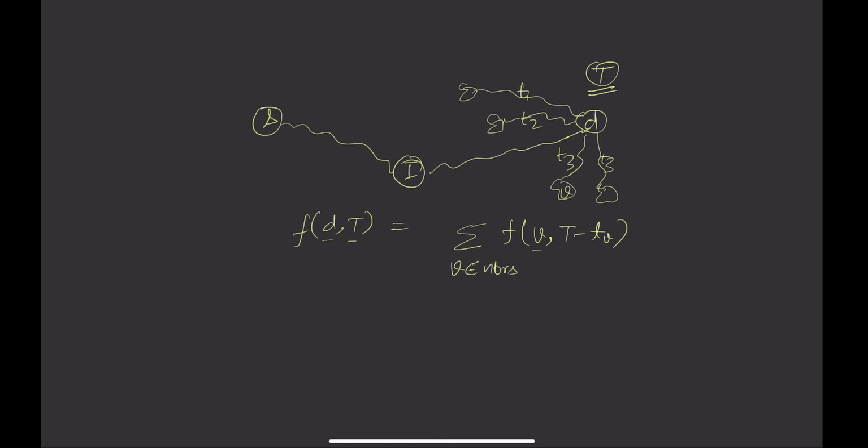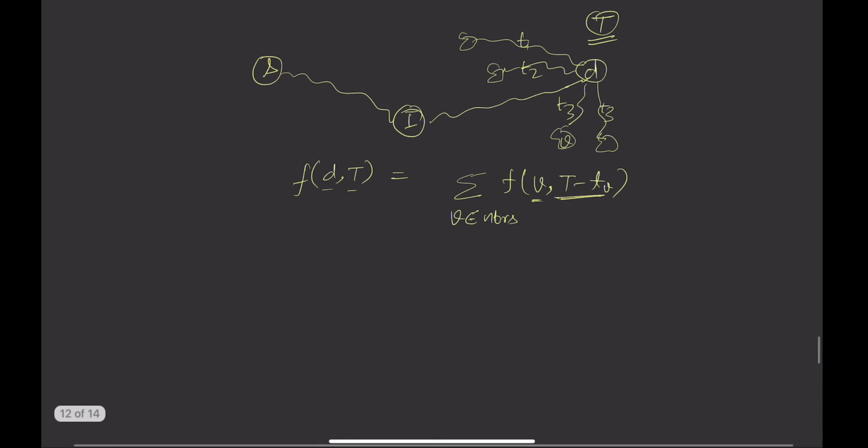So, the number of ways to reach v, but how do we find this value? That means my function depends on these two parameters. So can we say it is a dp?